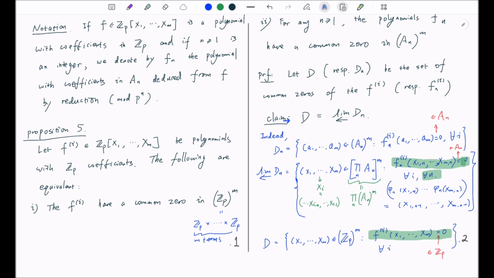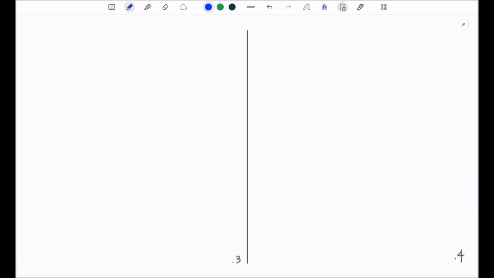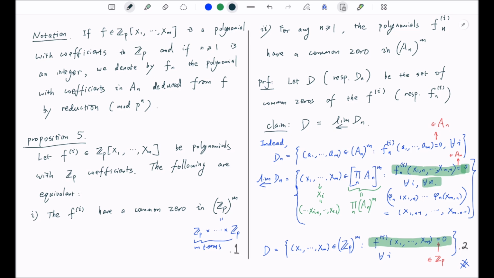And we have verified this claim. Now we can use our lemma. Since A_n's, which are Z mod p^n Z's, are finite, and therefore D_n's are also finite.